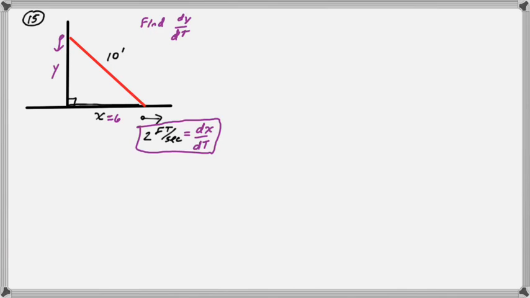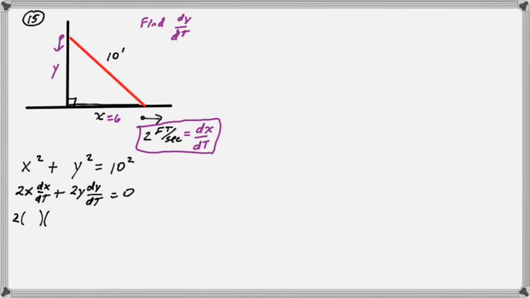So I have x squared plus y squared equals hypotenuse squared. I'm able to call that 10 because it doesn't change. It's always 10. Take the derivative, power times the base to 1 less power times the derivative of the base. So that's 2x dx dt plus 2y dy dt, and the derivative of a constant is 0.